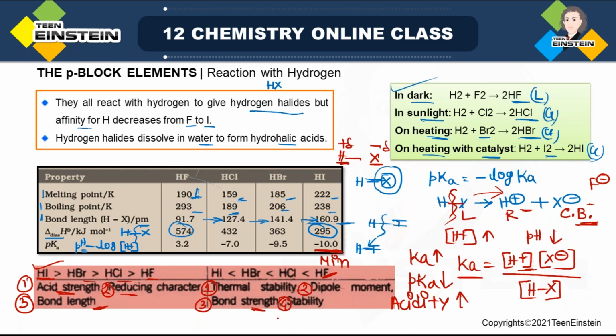And bond strength is also maximum, which is clear from the delta H dissociation value, 574, which means very high energy we have to provide. So bond strength is very high, and stability in general is also high. So remember this last table: this is one order and this is just the reverse order. And the corresponding properties for which we have to follow these orders are also given.